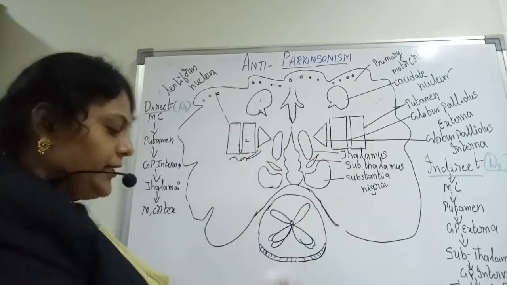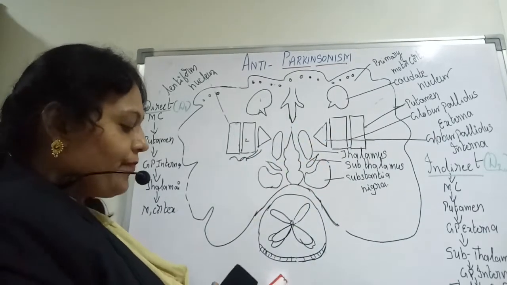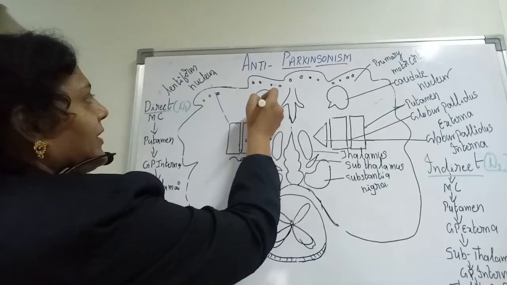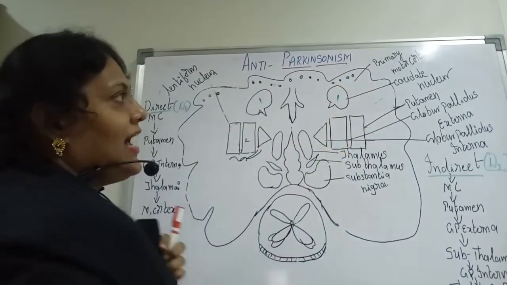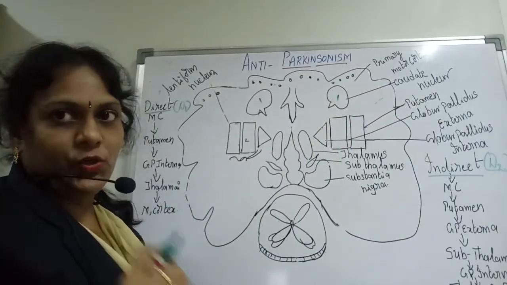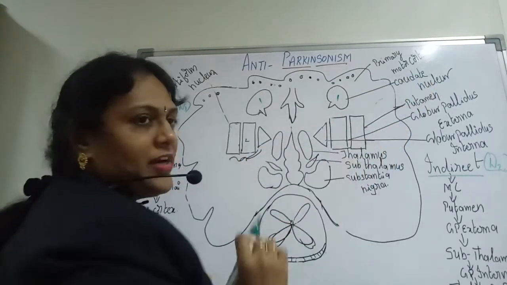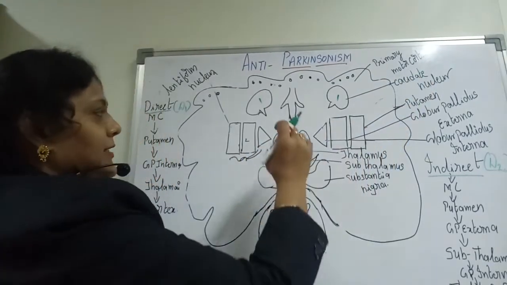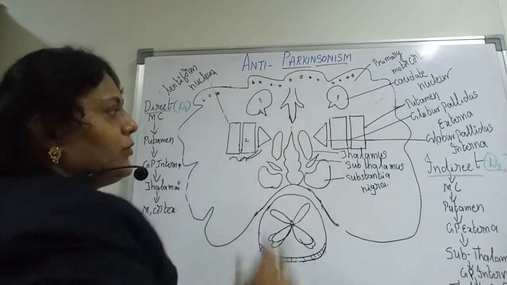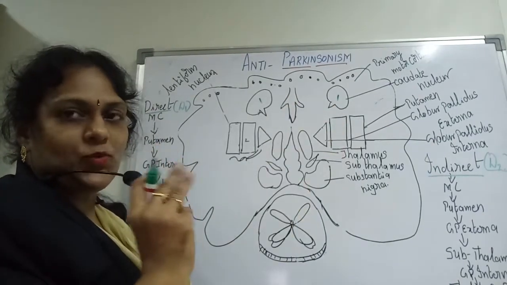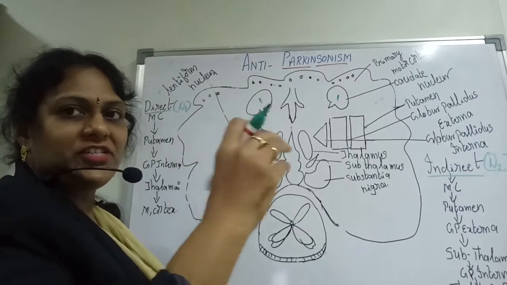I've indicated over here. The first one is called the caudate nucleus. And just below the caudate nucleus, you can see three different sections.